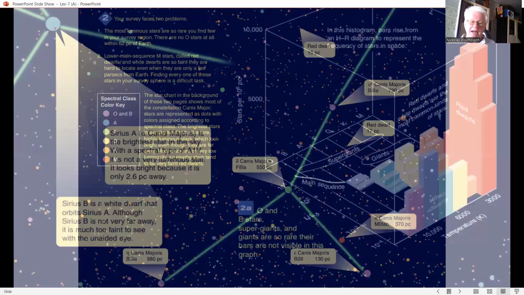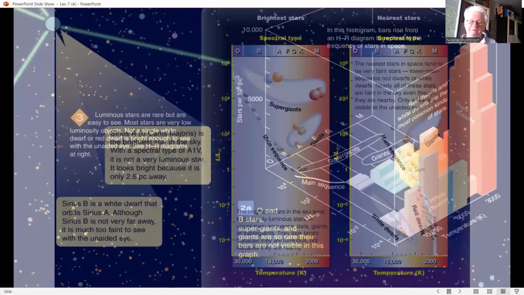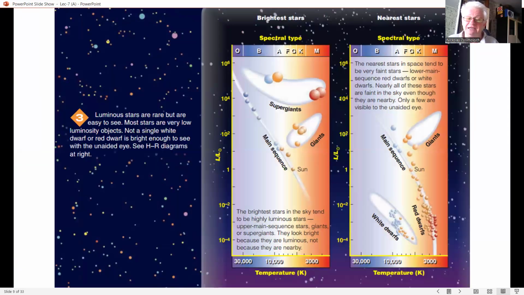The most common kinds of stars are the lower main sequence red dwarfs and the white dwarfs. A survey reveals that what you see in the sky is deceptive. The vast majority of stars, including those near the sun, are quite faint, but luminous stars, although they are rare, are easily visible even at great distances.